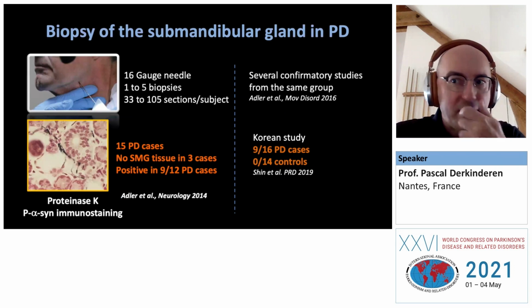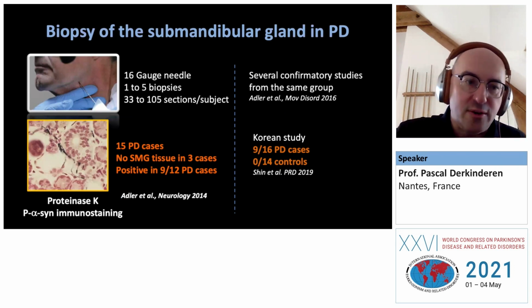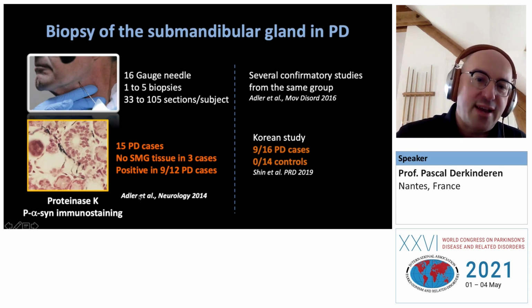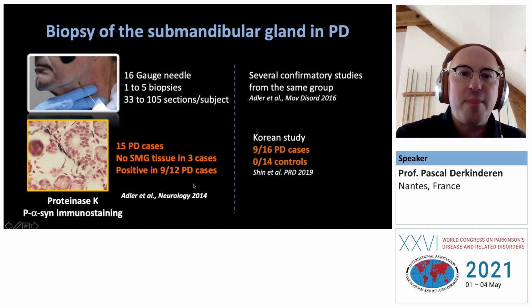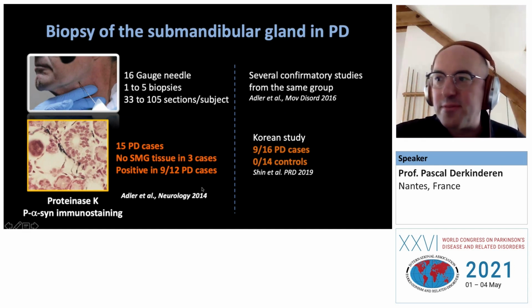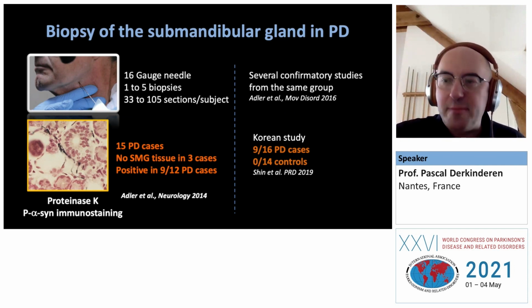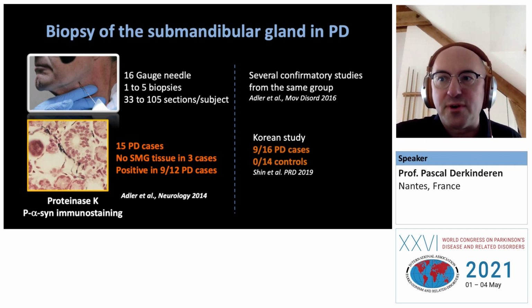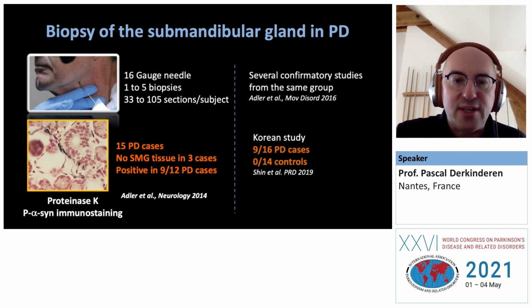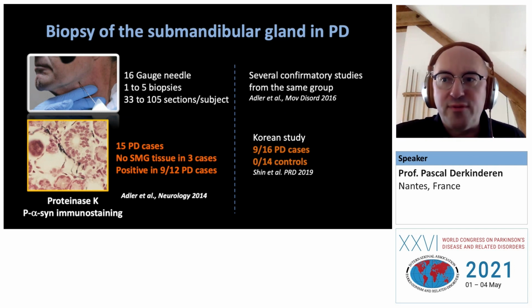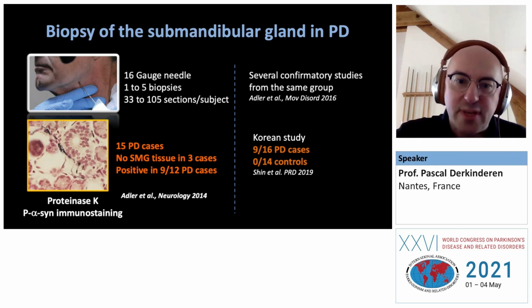The seminal paper on this topic was published in 2014 by the group of Charles Adler and Thomas Beach. They performed submandibular gland biopsies in 15 PD patients with a full-blown disorder, and they found PSH in 9 out of 15 subjects.